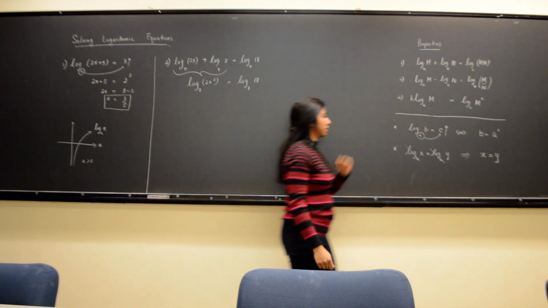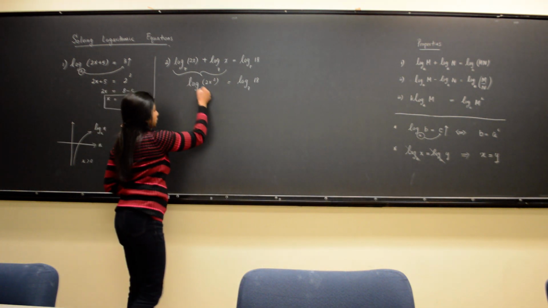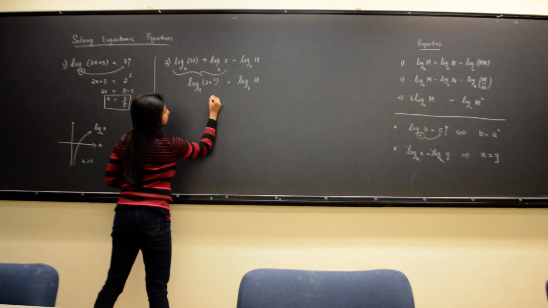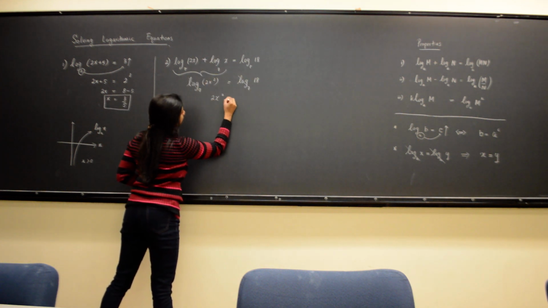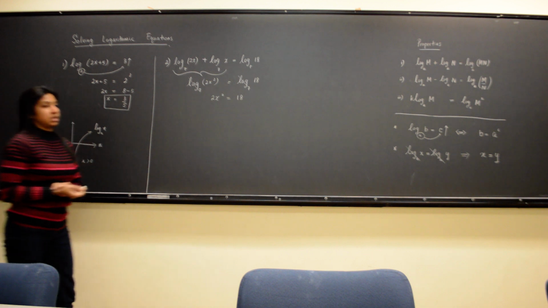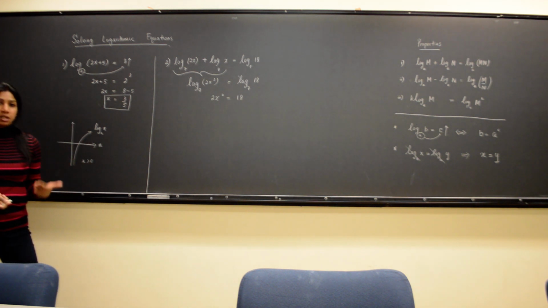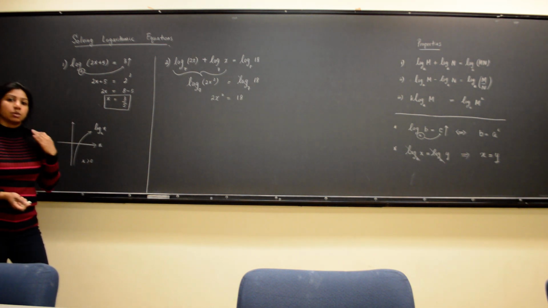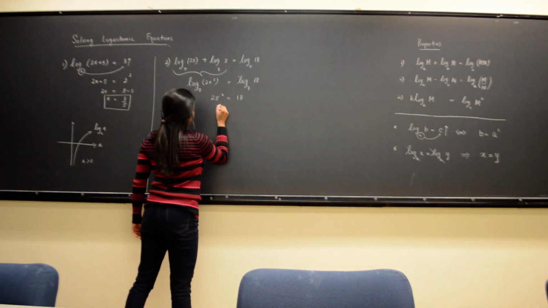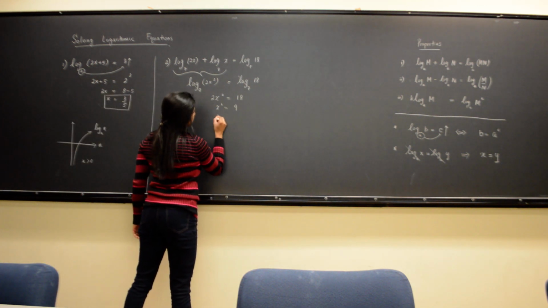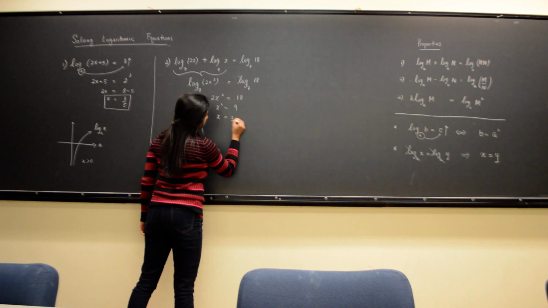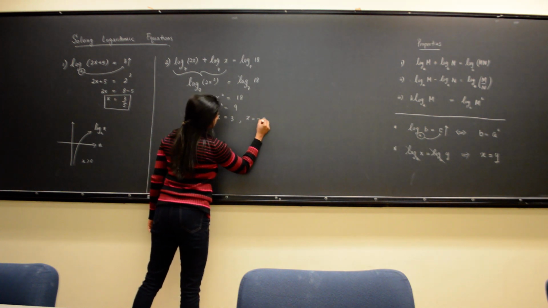What we can do, we can get rid of this logarithm, and the inside expressions will be equal. So we have 2x squared equal 80. And again, a simple equation in x, so we can solve it. x squared will be 9, x will be 3, or x will be negative 3.